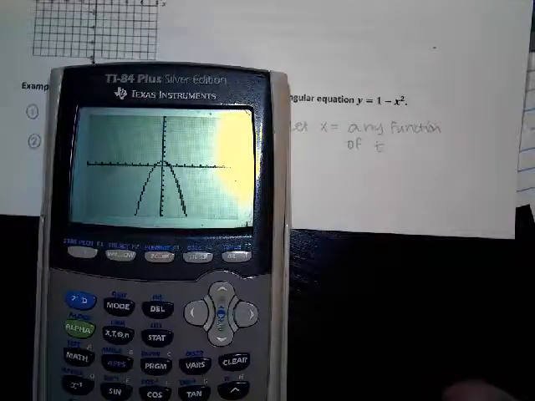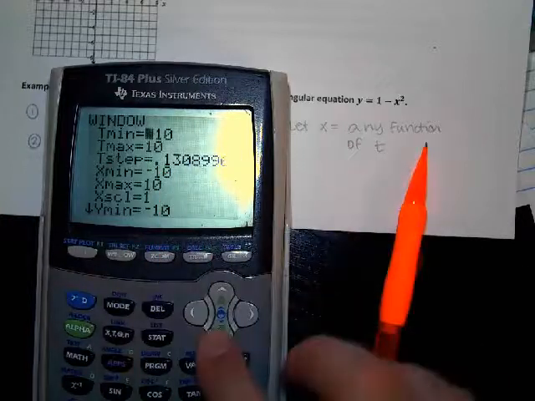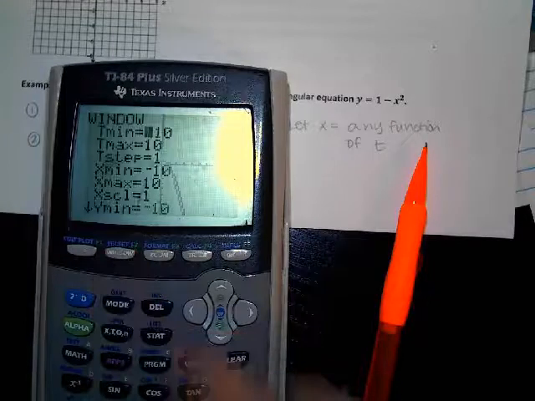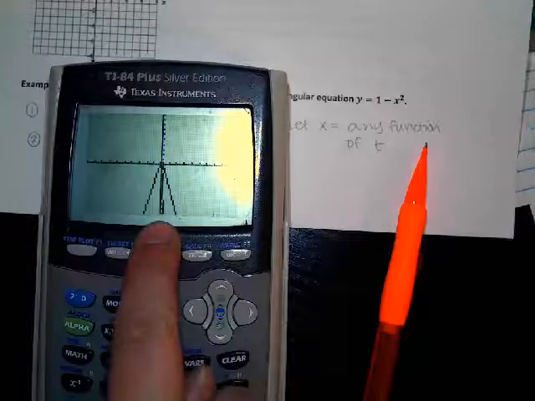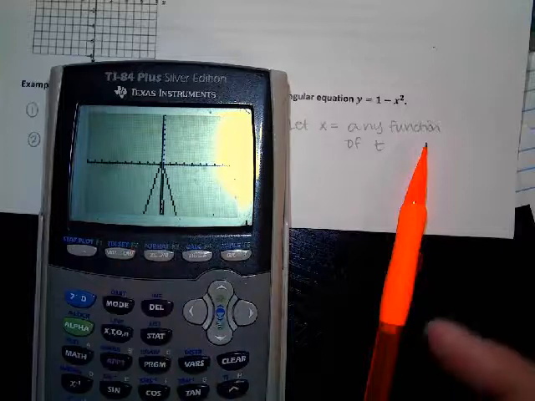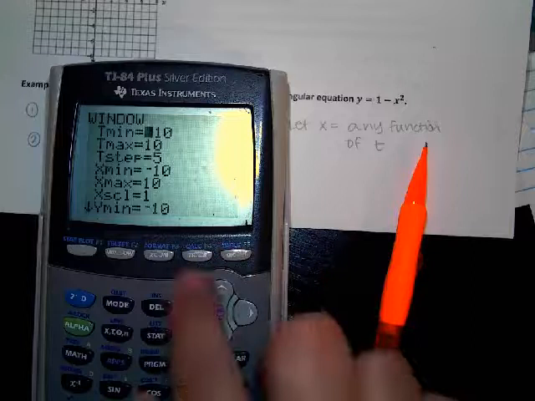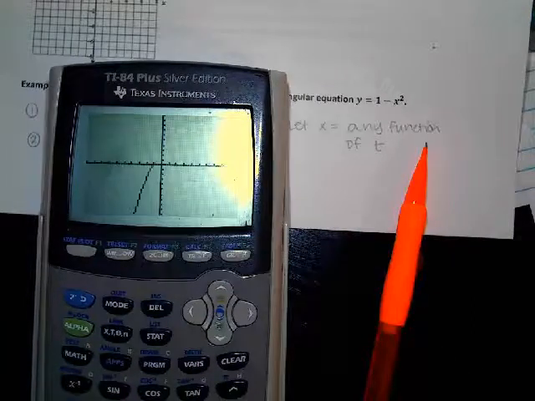So t-step is saying, I'll show you guys. I'll make it a 1 instead of what it was. Make it 5. See how the graph is less curved, but it graphed really fast. Now let me change the t-step to 0.1. See how much slower it graphed, but the curve was better?